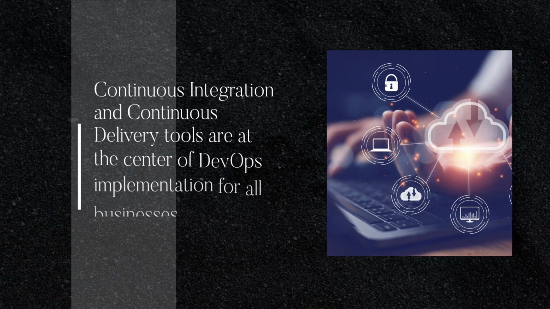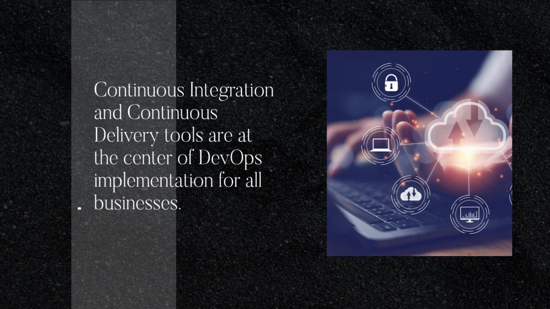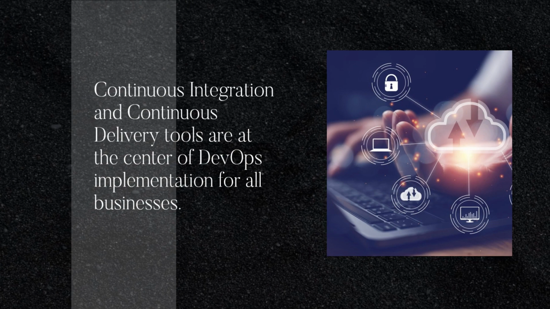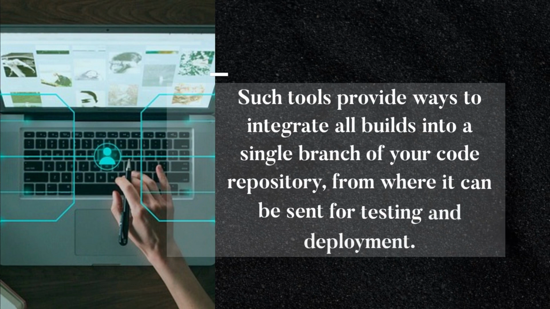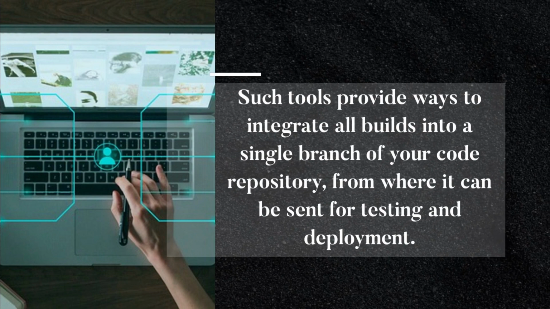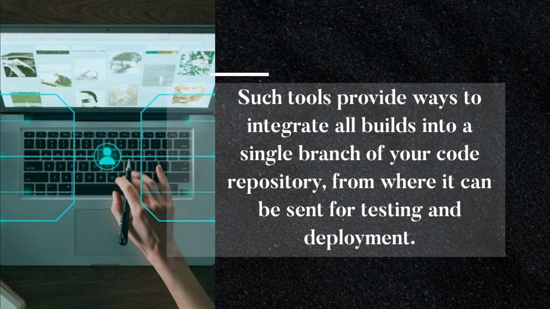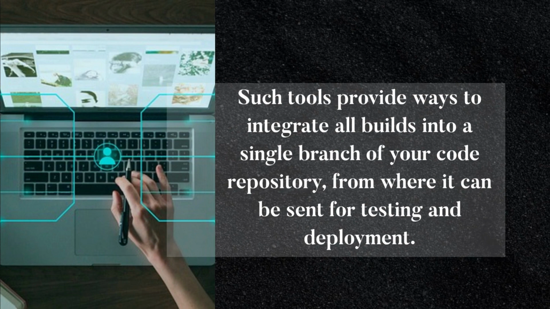Continuous integration and continuous delivery tools are at the center of DevOps implementation for all businesses. Such tools provide ways to integrate all builds into a single branch of your code repository, from where it can be sent for testing and deployment.